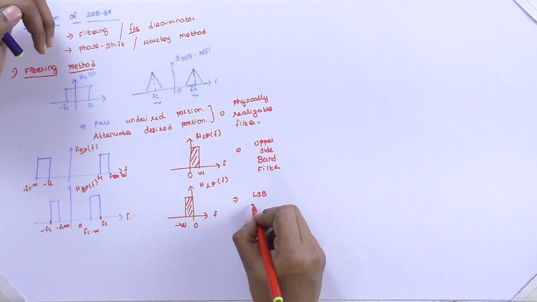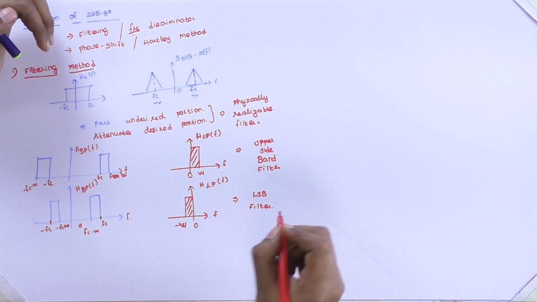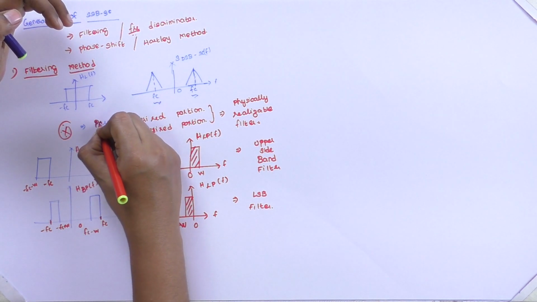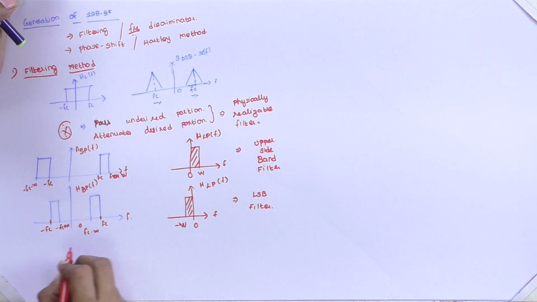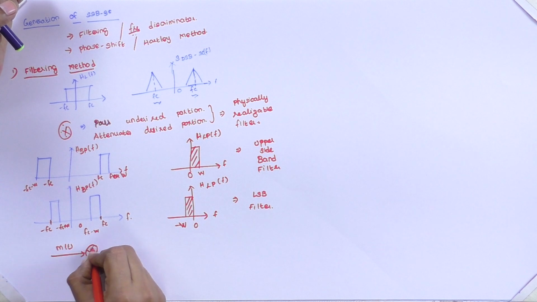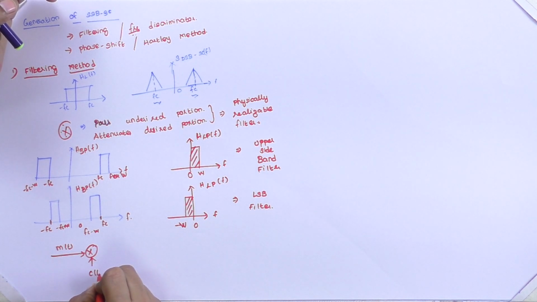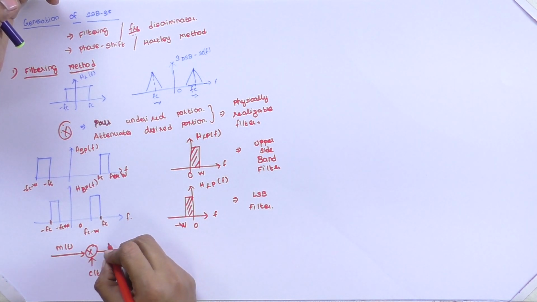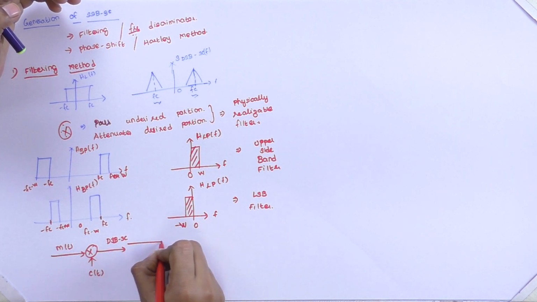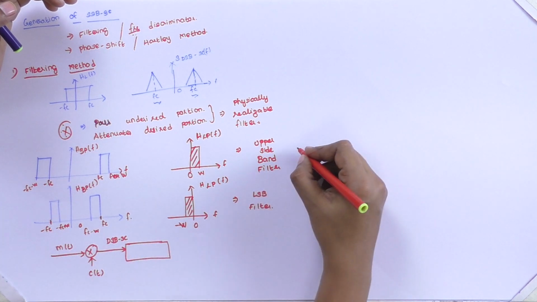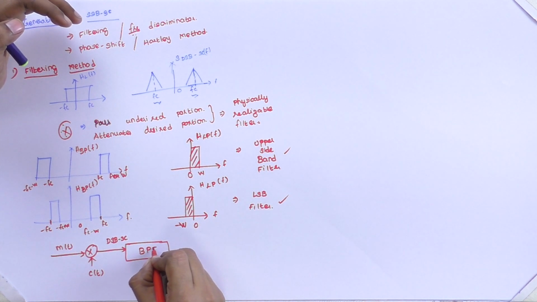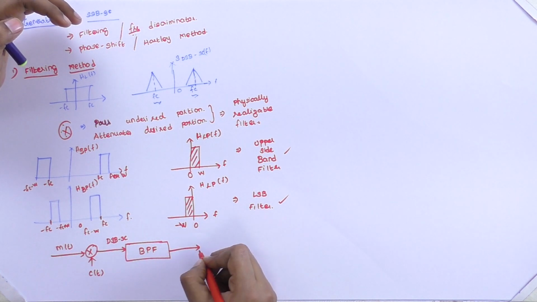And this a lower sideband filter. So the block diagram is, we have seen M of T using a product modulator is multiplied with the carrier signal, and the resultant double sideband suppressed carrier signal is given to the sideband filter, either the upper sideband filter or the lower sideband filter, using the band pass filter characteristics.